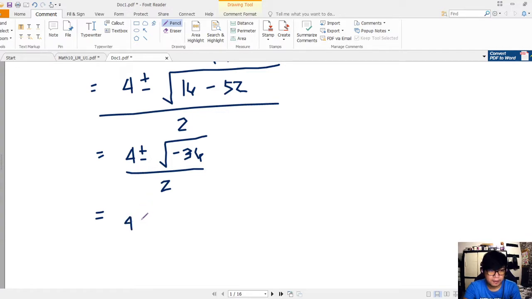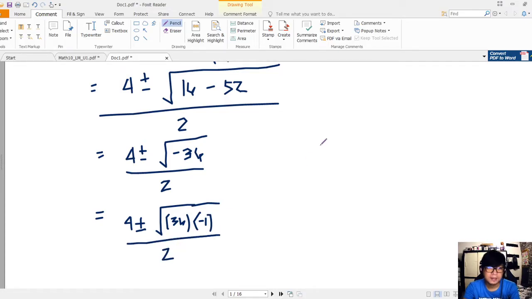4 plus minus square root of, pwede natin gawin ganito, 36 times negative 1 over 2. Kasi, ang 36 perfect square man siya. So, hiniwalay ko yung negative 1 because the square root of negative 1 is equal to imaginary or your i.